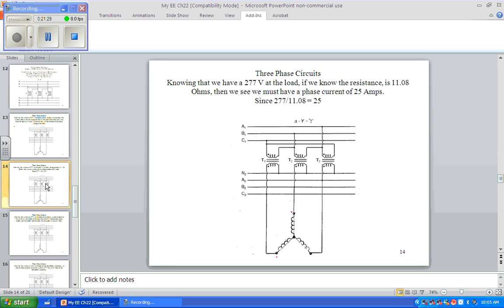You can see that each line is going to be probably about 50 amps of line current, because it's a series circuit, right? And we have both of these windings as part of the A, B circuit.